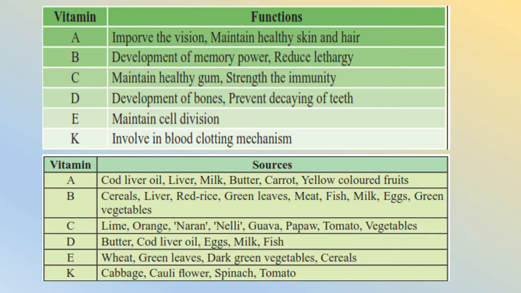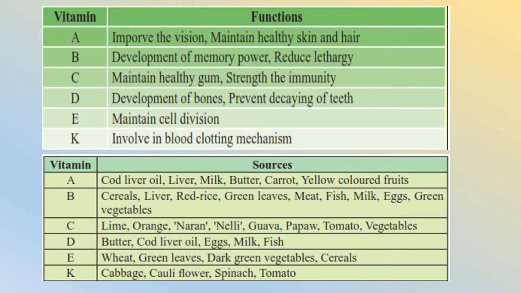So the next vitamin is vitamin B. Vitamin B is very important for the development of memory power, and it will help to reduce lethargy. Lethargy means the feeling of laziness. So how does it reduce lethargy? It is very important in the formation of red blood cells.